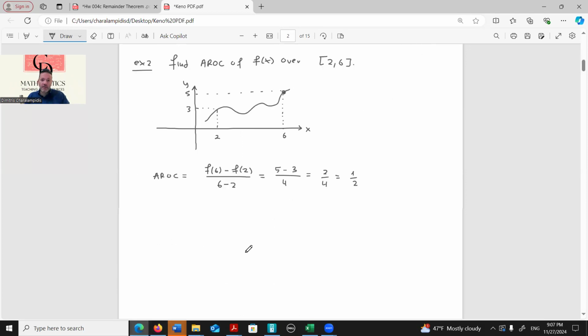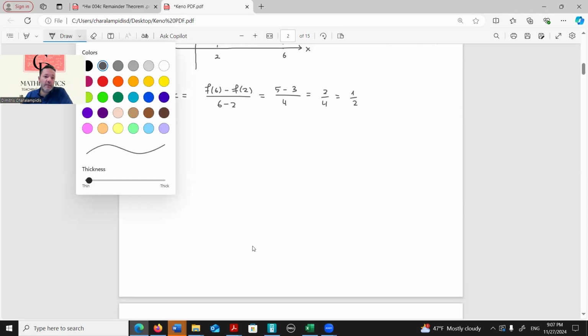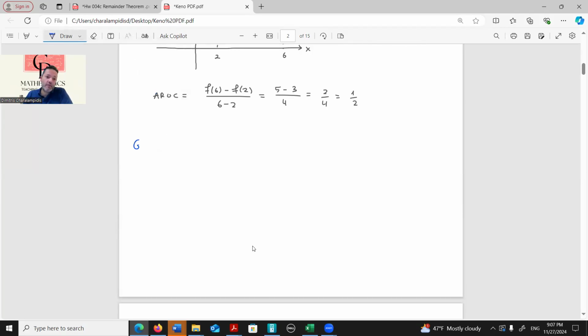A note here that we should keep in mind is the geometrical interpretation of average rate of change. Look at how we defined the average rate of change on the interval AB. We said that this can be given by f of B minus f of A over B minus A. Now, does this formula remind us of anything?